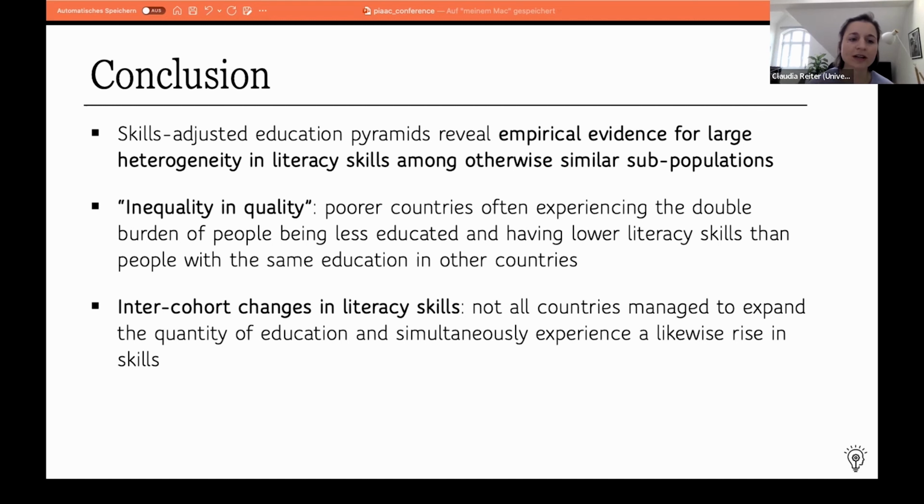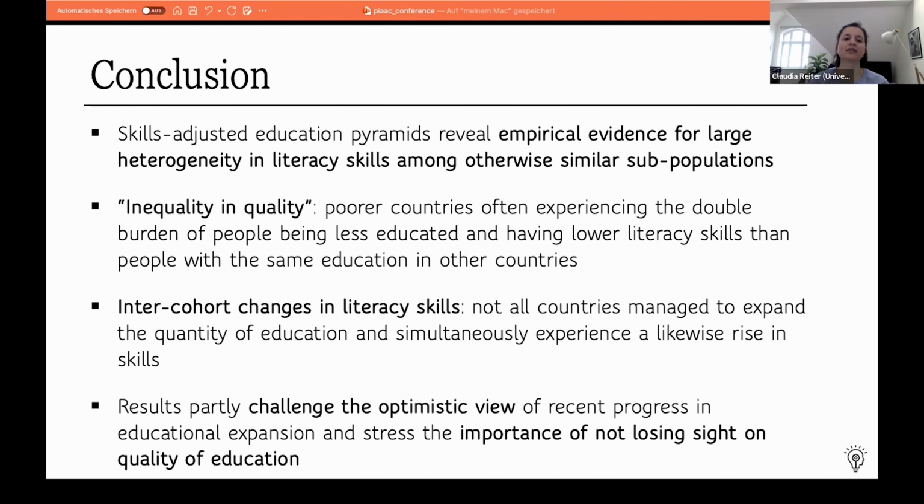And this could also indicate maybe for some countries kind of a quantity-quality trade-off, that they focus so much on letting more people in the education system that maybe this has had impact on the quality side.